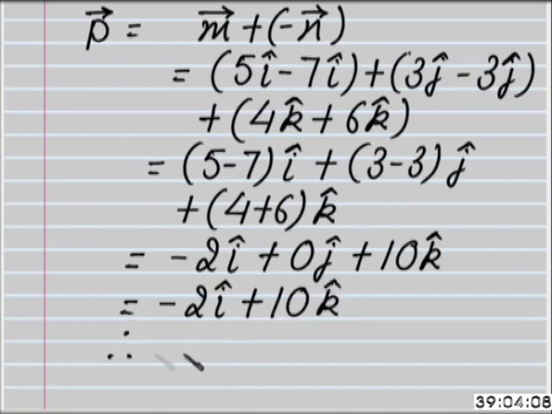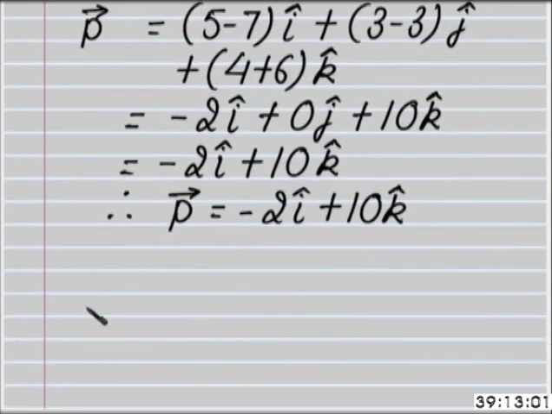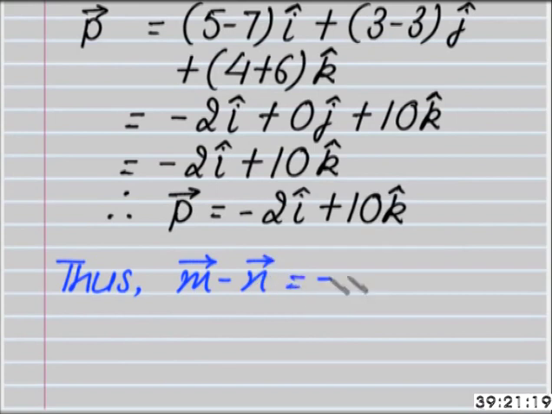So therefore, vector p is equal to minus 2 i cap plus 10 k cap. Thus, for the given example, difference of vector m and vector n is equal to minus 2 i cap plus 10 k cap.